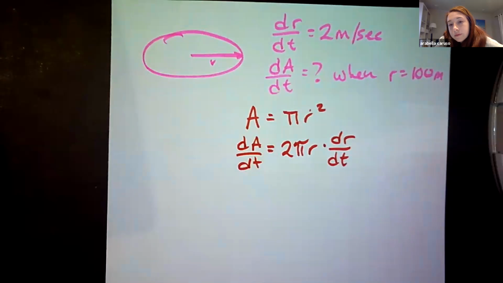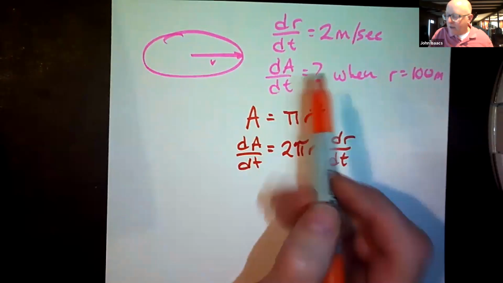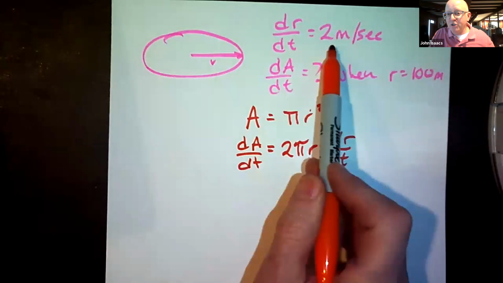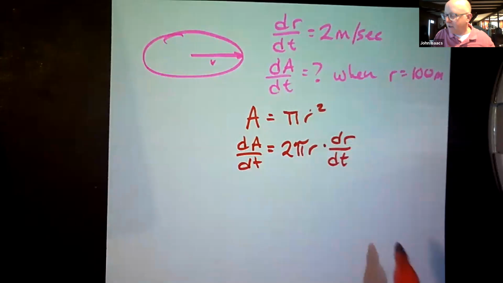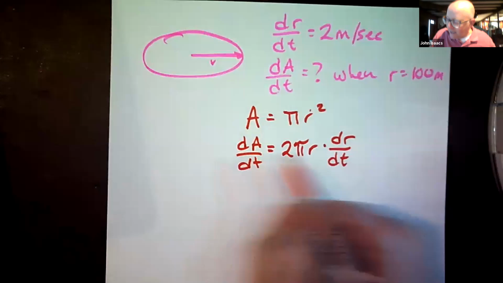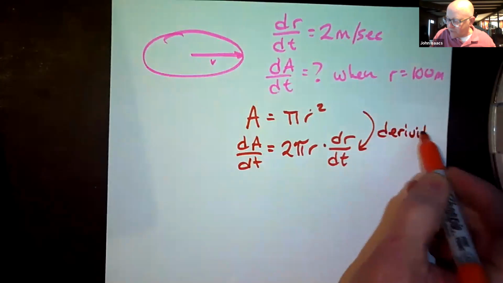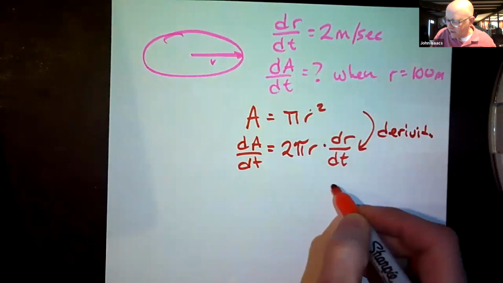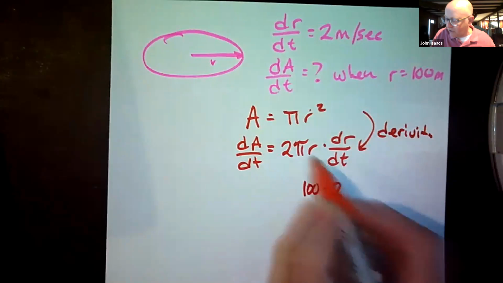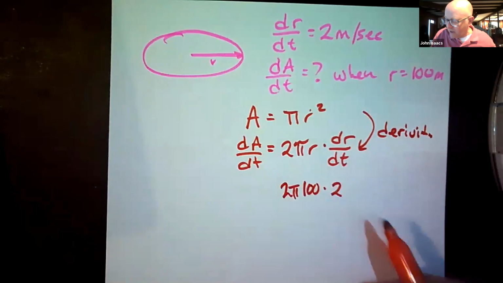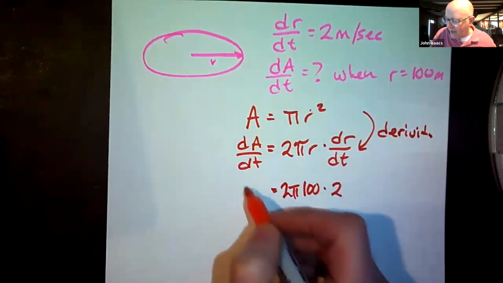Okay. All right. So we have our derivative now, and we were given that the radius is changing at 2 meters per second. Now that we've taken the derivative, we can start to plug in our situation. So dr/dt is 2. The radius is 100 at that particular moment, and 2 pi is 2 pi. And dA/dt is what we're being asked for.